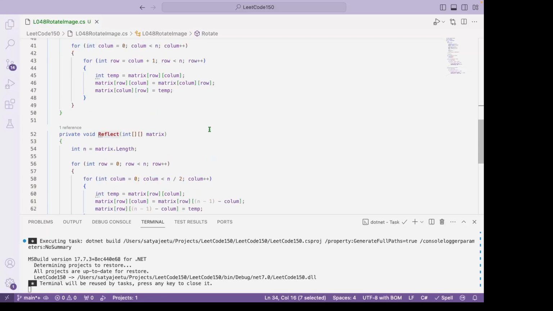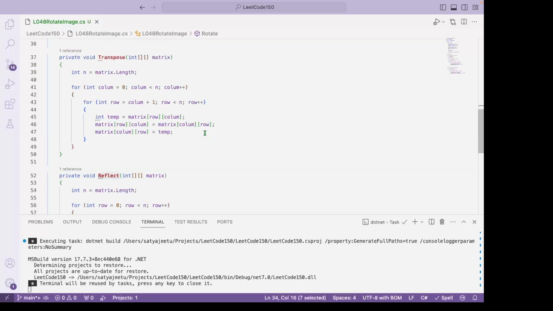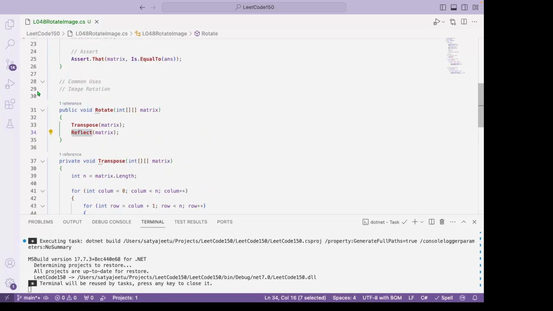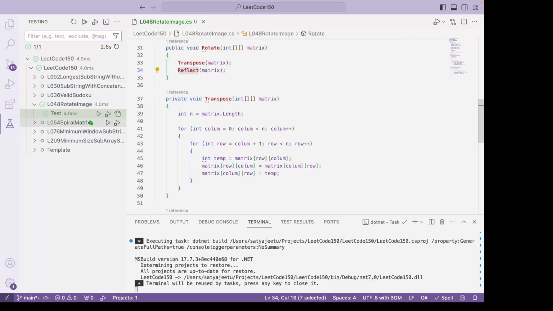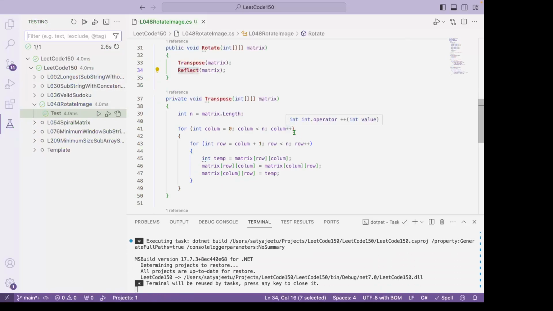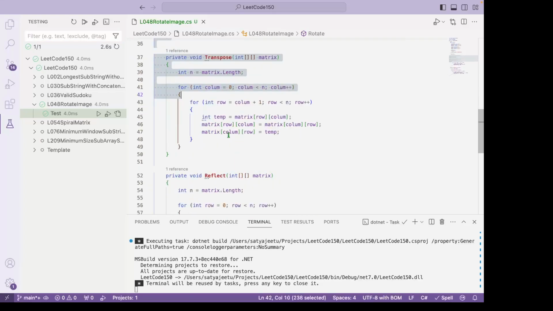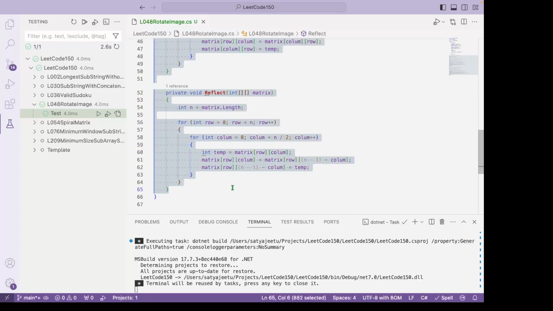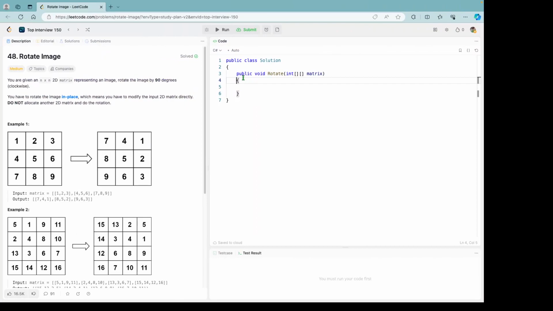Let me clean this up. So we have implemented transpose and reflect. Let's hope that this solves the problem. Now let me run and test it. Yeah, this seems to be working. So now let's add it to our main LeetCode.